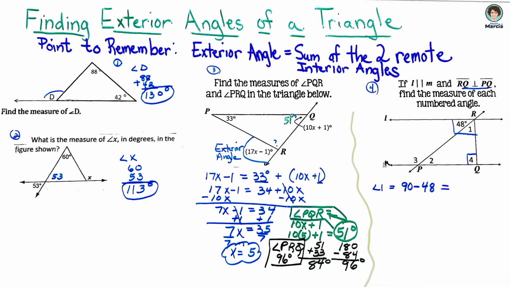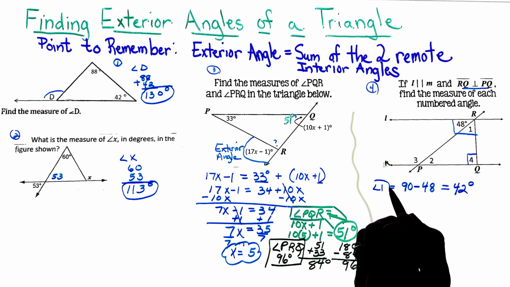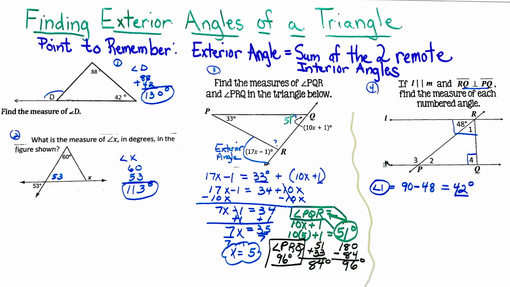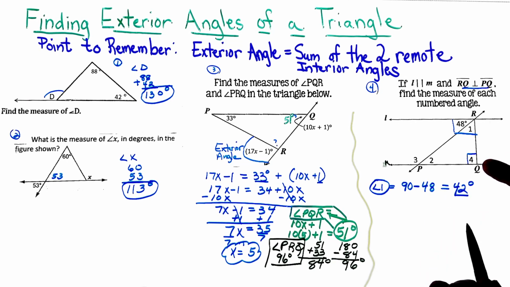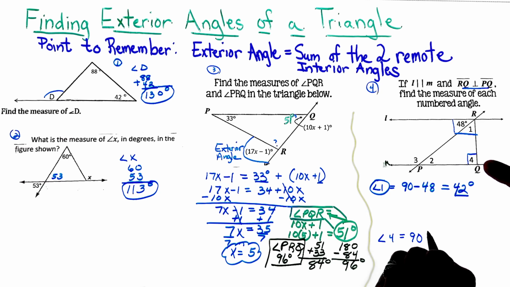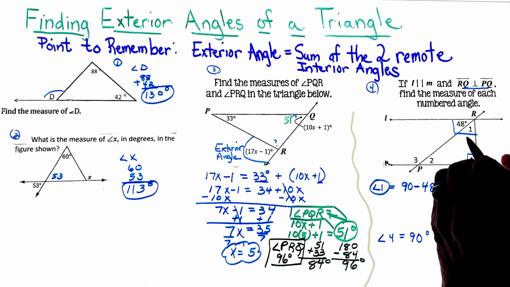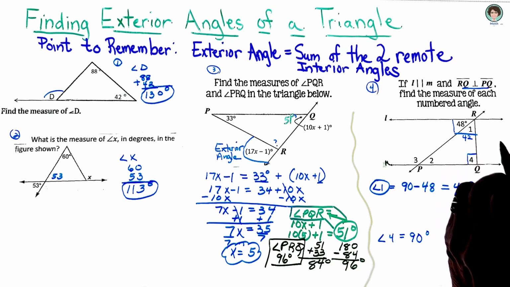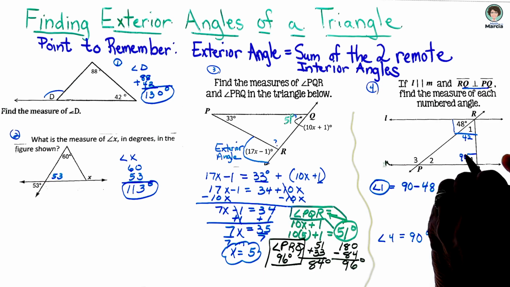And so for angle 1, we do end up with 42 degrees. Here it is. All right. Well, let's now, and I'm just going to skip down here because I know that angle 4 is equal to 90 degrees. I mean, that's automatic. So here, I'm going to mark my picture. I have a 42, and here, for this one, I have a 90.